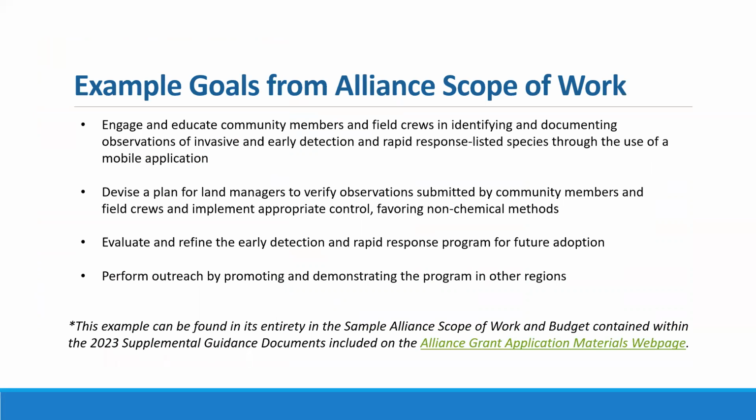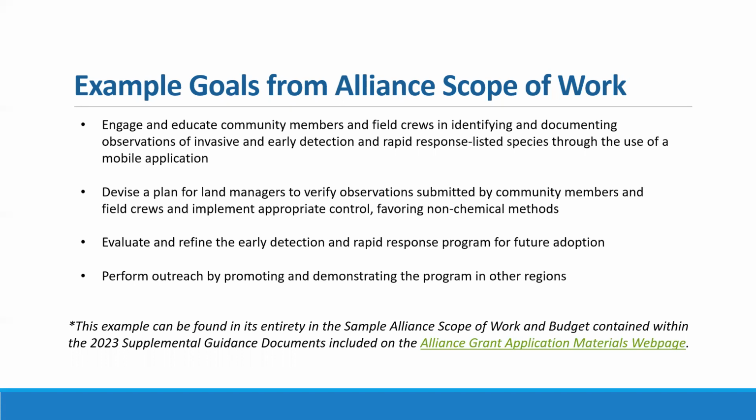And so here we have some example goals from the Alliance scope of work, from that sample scope of work. This project has 4 goals. The first one: engage and educate community members and field crews in identifying and documenting observations of invasive and early detection and rapid response listed species through the use of a mobile application.